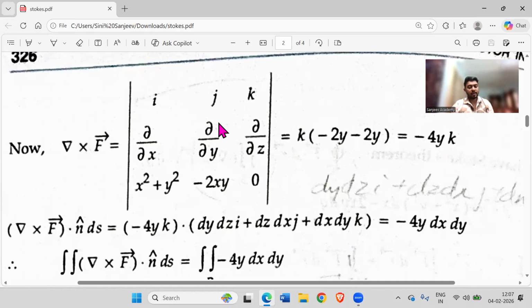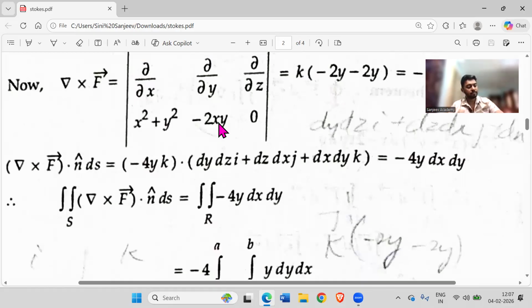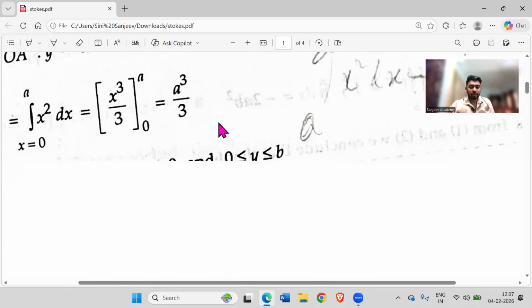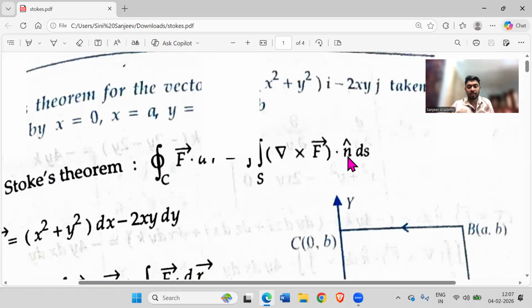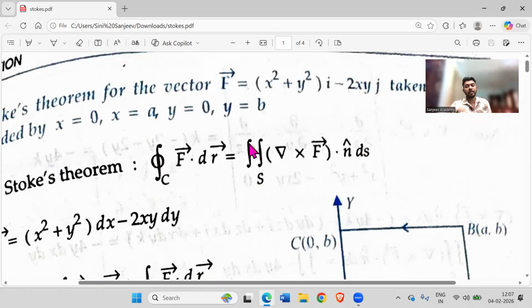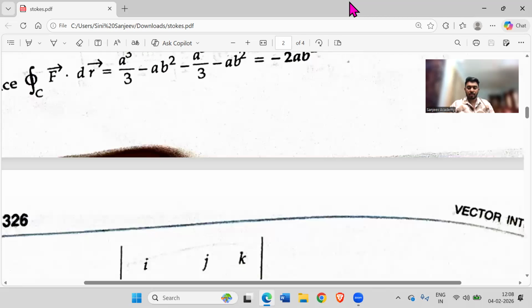Now coming to the surface integral. You can find clearly in the formula del cross f dot n cap dS, then I do the double integral. Now I have to do the dot with n cap after finding the curl.